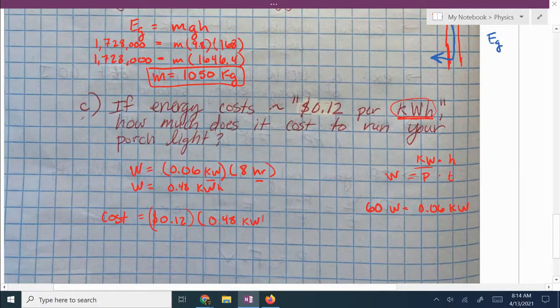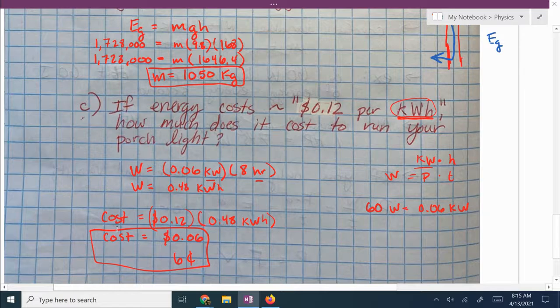So the cost is going to equal 0.12 times 0.48. It's going to cost you approximately, I'm going to round here, 6 cents. So pretty cheap.